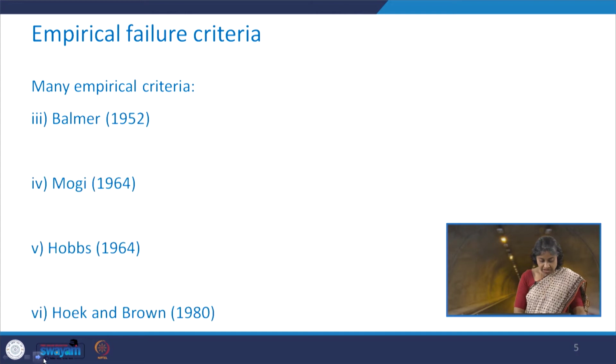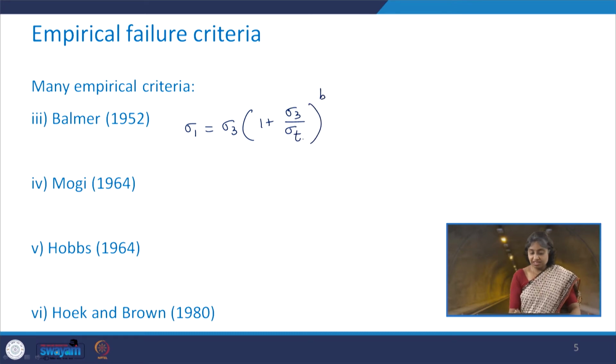So a few other empirical criteria are also available. For example, Balmer gave it in this particular manner, that is sigma 1 is equal to sigma 3 (1 plus sigma 3 upon sigma t) to the power b. So you see that in this case he used the tensile strength and proposed the criterion. Then Mogi gave sigma 1 is equal to a plus b sigma 3 to the power c.